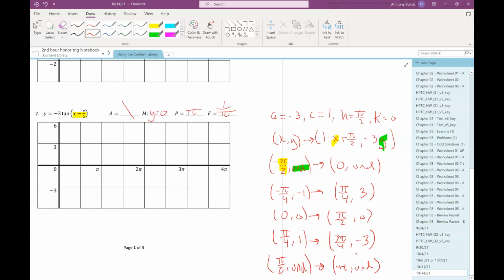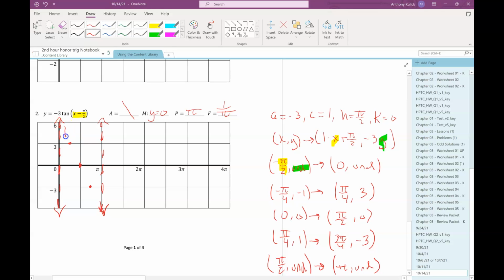So to graph this, I'm going to start by putting in the two asymptotes. So I have one asymptote at 0, where it's undefined, and my other asymptote's at pi. And then if I plot pi over 4 and 3 is here, pi over 2 and 0, and then 3 pi over 4 and negative 3.